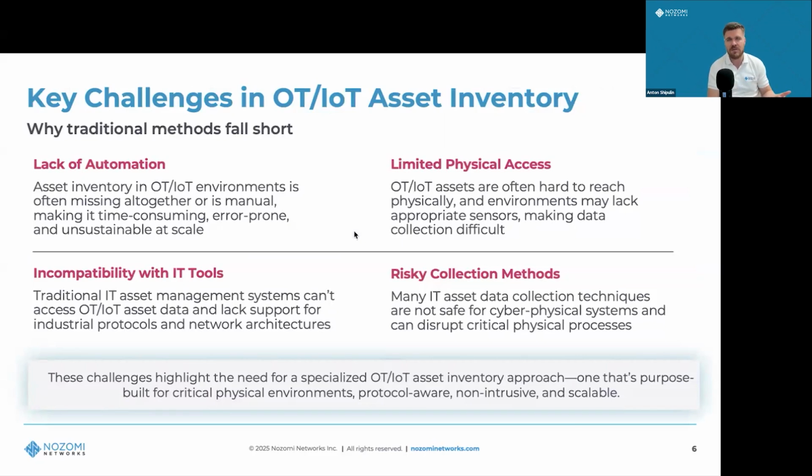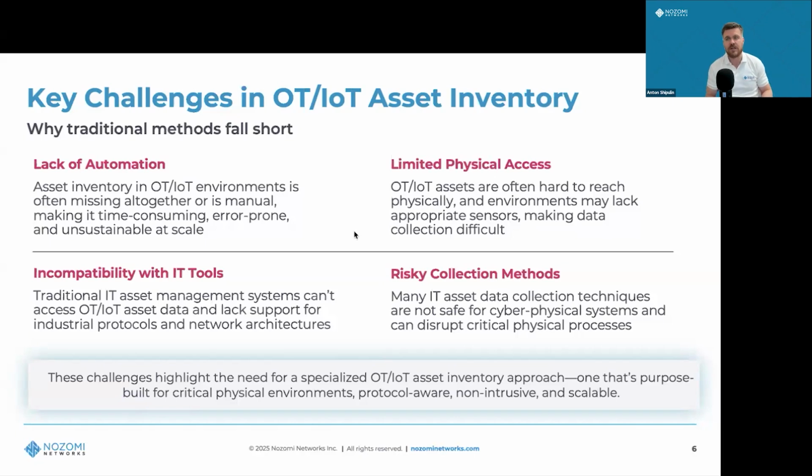In many OT environments, asset inventory is either missing or handled manually with little or no automation at all. Physical access can be limited, making data collection difficult. Standard IT tools often fail because they don't recognize industrial protocols or asset types.